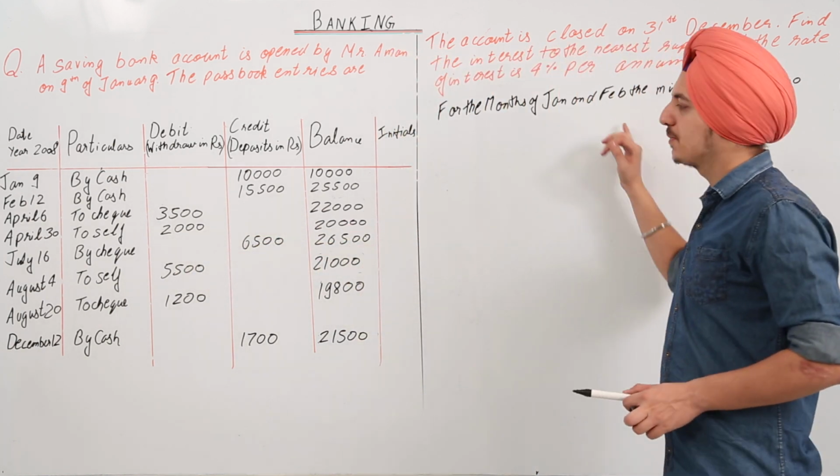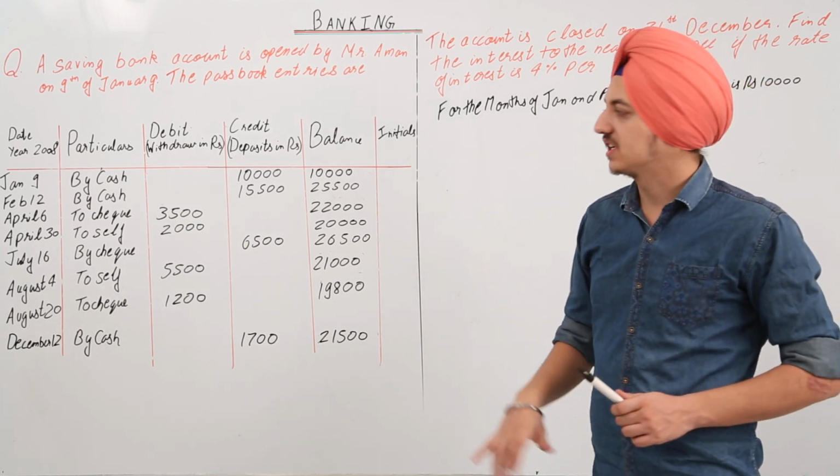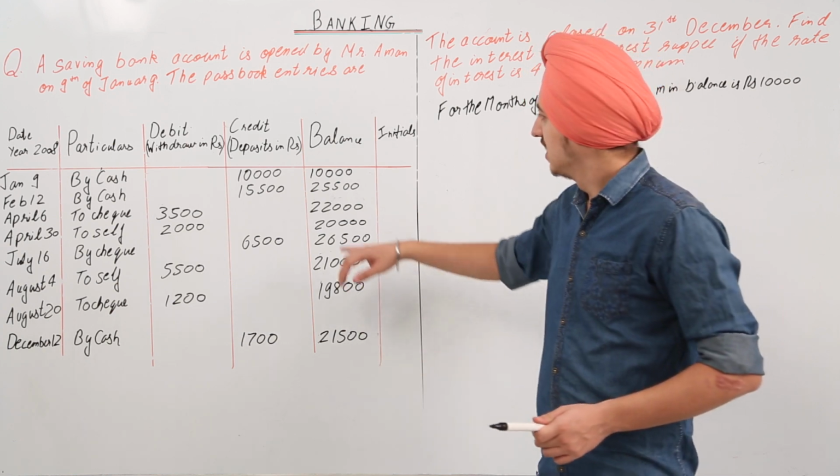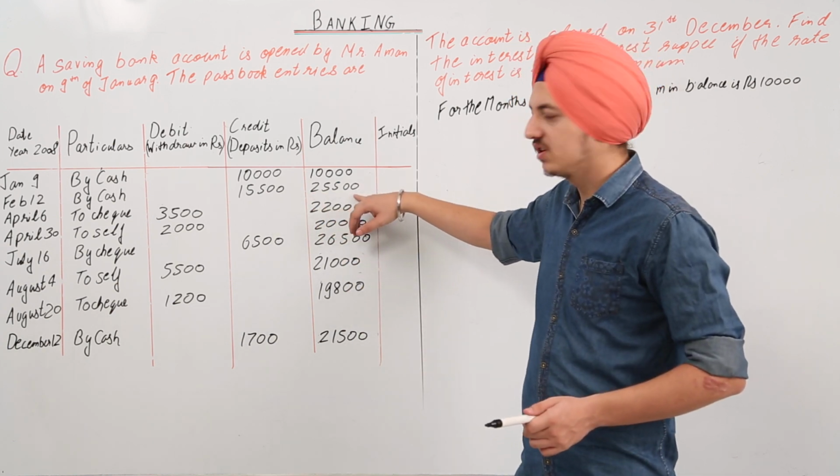After the month of February we still have the month of March. In that there is no entry. So for the whole month of March the balance is 25,500.